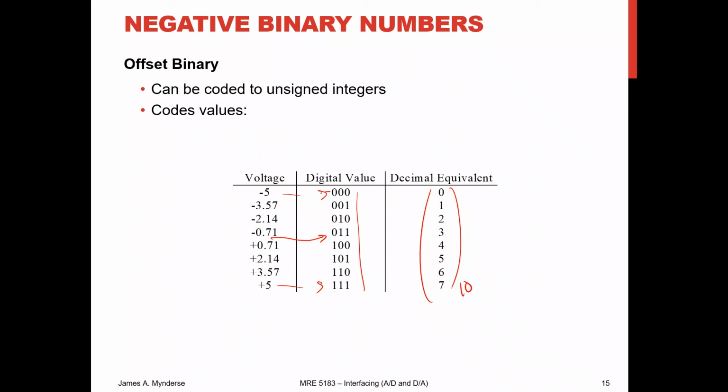It's not a problem necessarily, but it is kind of a quirk. So we do have code values between 0, 0, 0 and 1, 1, 1, which is 2 to the n minus 1, but I don't necessarily have a 0 voltage value. You can fix that slightly by putting in your 0 voltage value and not using that upper plus 5. But the general idea is you're still going to use positive digital values, but negative voltages.